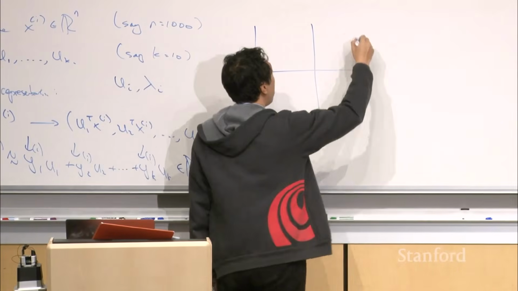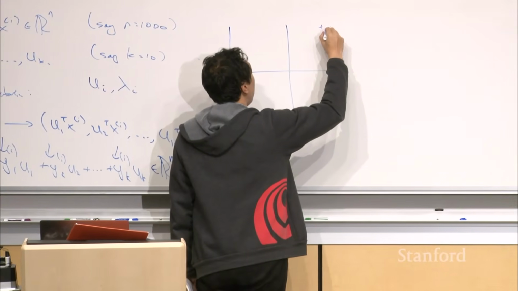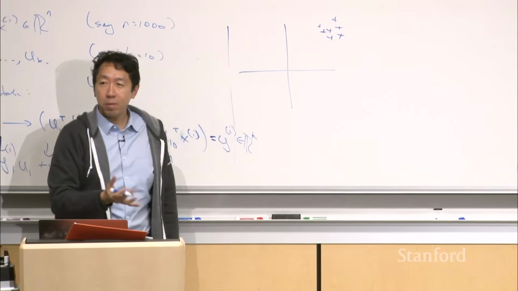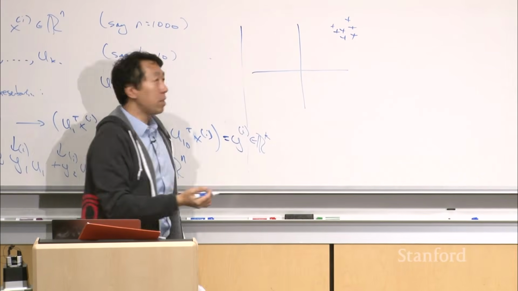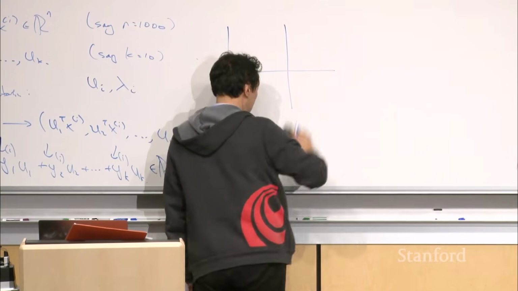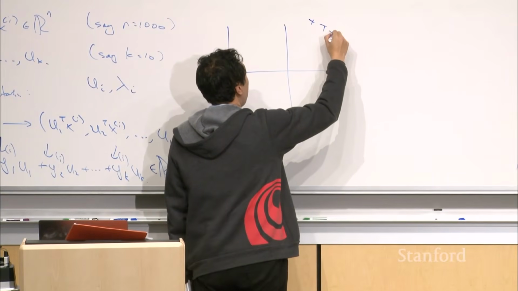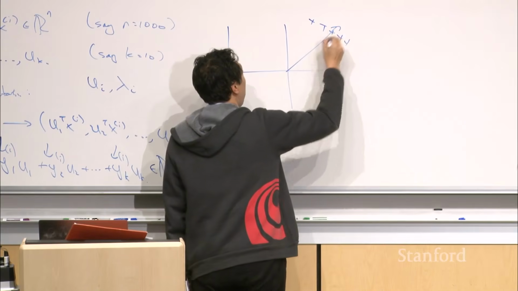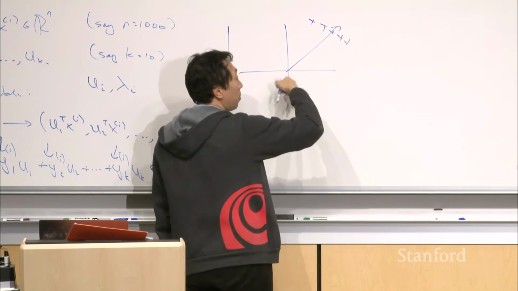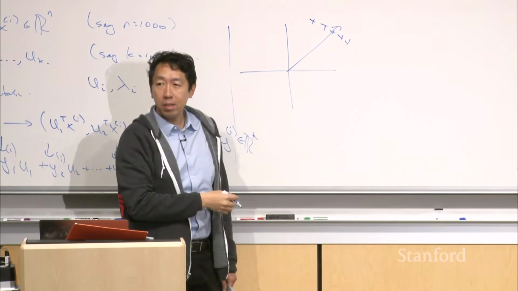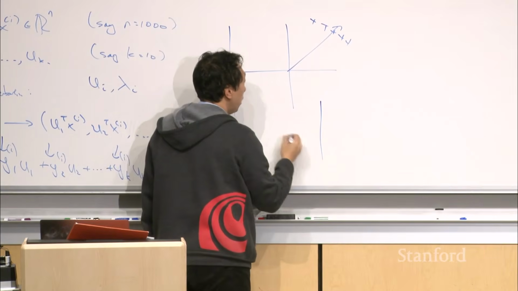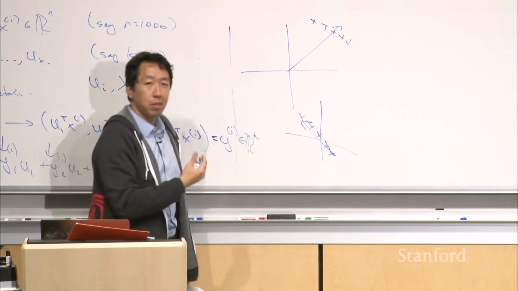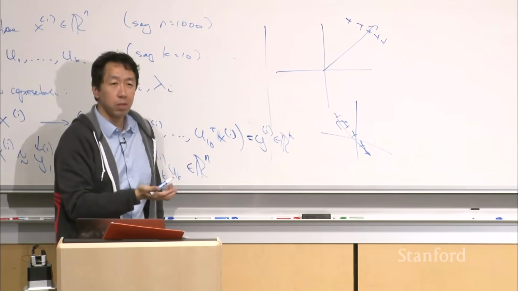If your data lives out here, and you don't subtract off the mean, then PCA would choose that as the principal axis of variation, whereas if you subtract off the mean, then your data is lined up like that, and it would choose that as maybe a much better choice. So that's why you subtract off the mean.